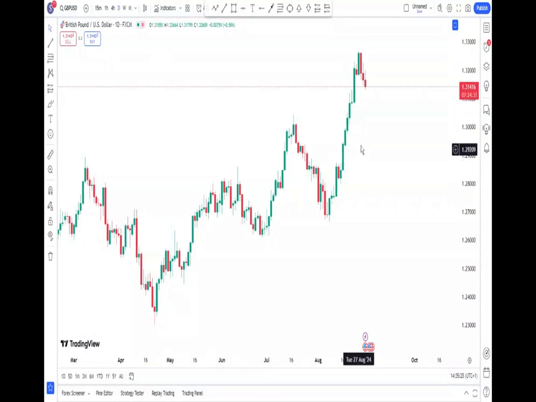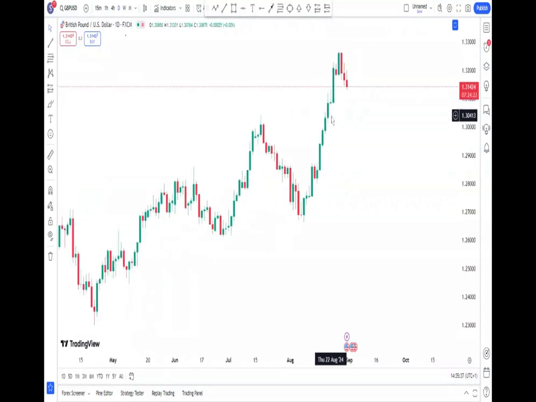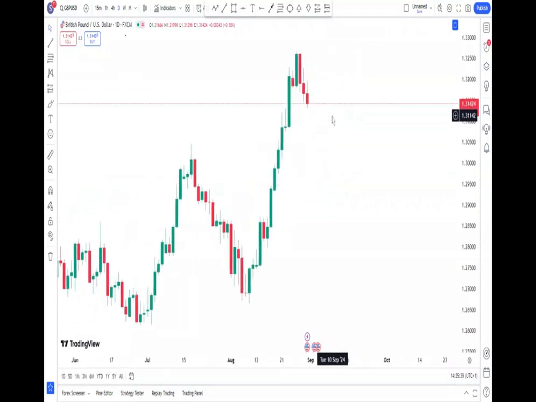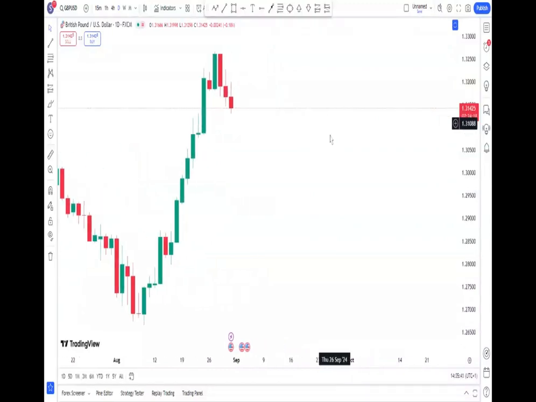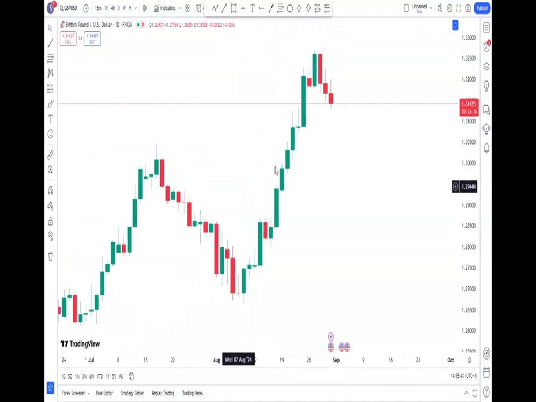So each candlestick you are seeing, from the time frame I am on, is the daily time frame. Let me zoom it a little bit so that you will see it clearly. From the left side of my screen, where my cursor is, you can see numbers up there.